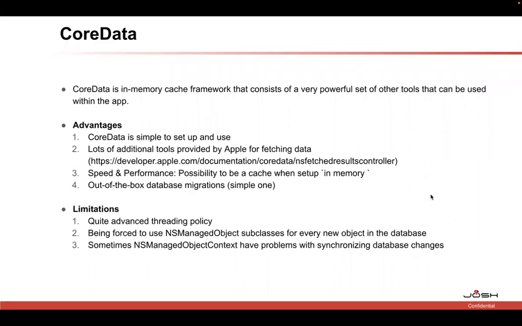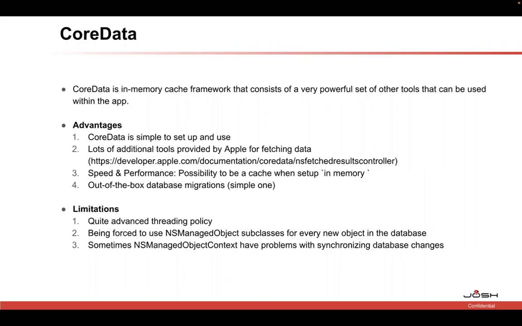The limitation of Core Data is that it uses quite advanced threading policies. Suppose you want to perform some asynchronous operations on Core Data; then threading comes into the picture, and threading is quite complex. So this is one disadvantage of using Core Data. The second is being forced to use an NSManagedObject subclass for every new object in a database.